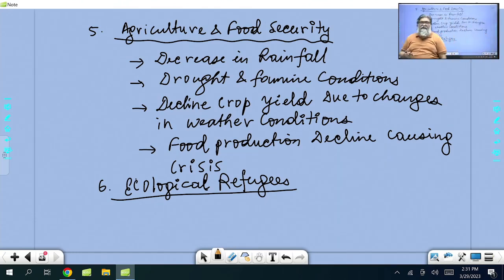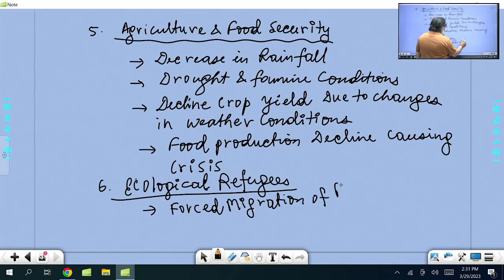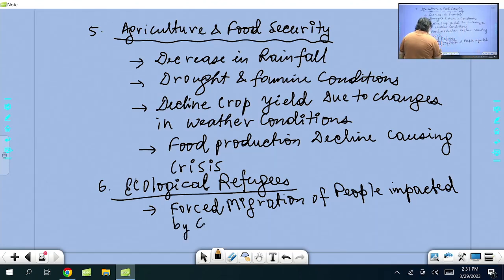Islands getting submerged, coastal areas getting impacted, sea level rise, global weather pattern changes. Here, forced migration of people impacted by calamities. All those calamities triggered by climate change.